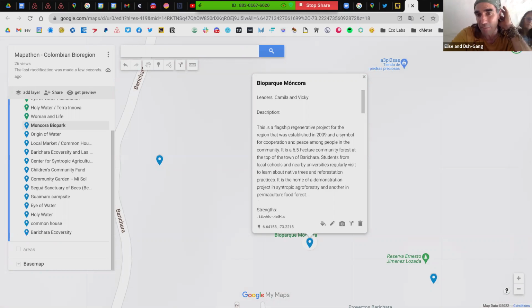So I just wanted to name that before we get started. If you have any questions to give a richer context, I know the projects personally and know the people involved very well, so we can dive deeper if you want more context than I'll give as an overview. But I'd like to begin with the Bioparque Moncora.